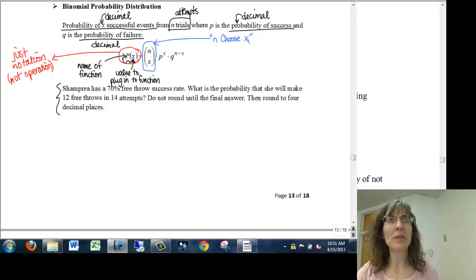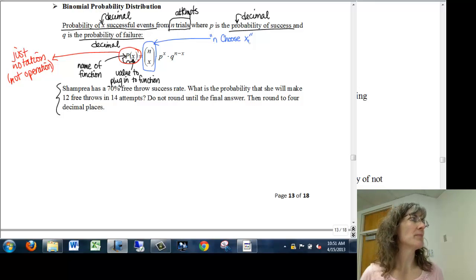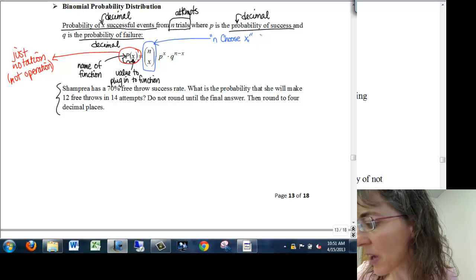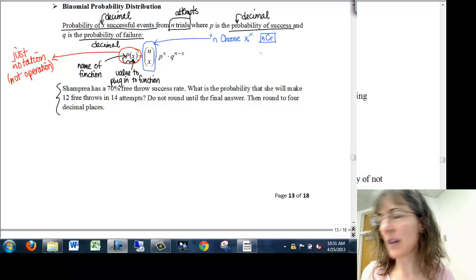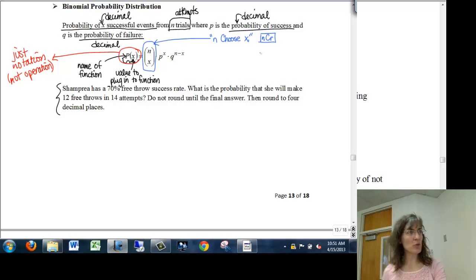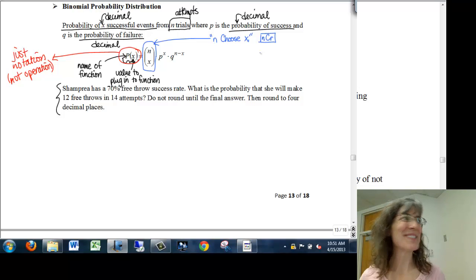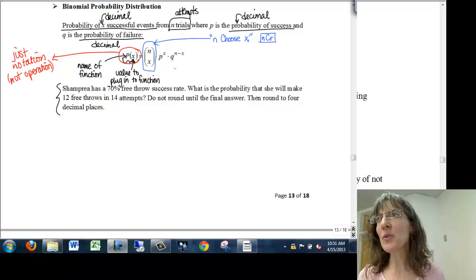Can someone tell me the button name? NCR, N choose R. This one's N choose X, but the same thing, put whatever your X is instead of where they have R. Yeah, and that on your calculator, remember, you'll have N capital C and then little r, and you might have it in a menu. I'm hoping you remember how to find those. Okay, so that's giving you one thing.